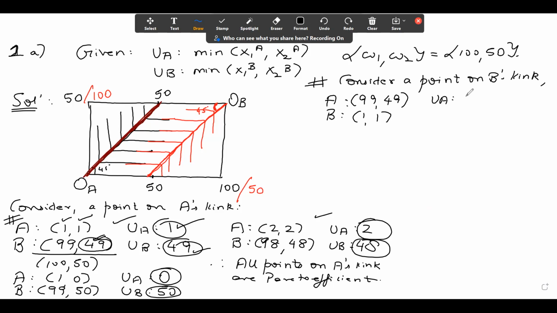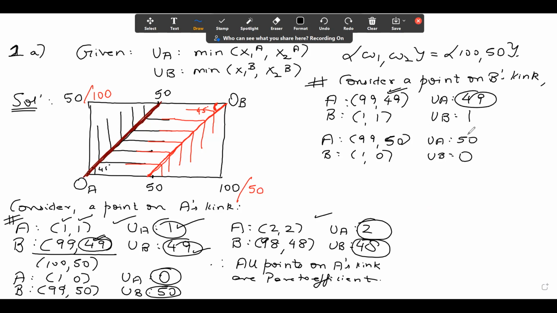Utility which A gets initially is 49. Utility which B gets is 1. Same logic. Try to make A better off. To make A better off, A needs 1 more unit here. Suppose B gives that unit to A. So we have 99, 50 and B is left with 1, 0. Clearly you can see utility which A gets is 50, but utility which B gets is 0. A has become better off by making B worse off.